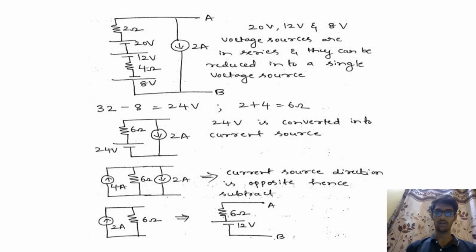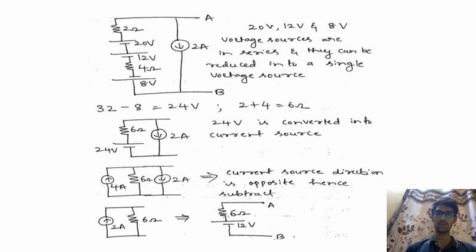As I mentioned, we have converted the 10 ampere and 2 ampere current sources into voltage sources. The 10 ampere current source is converted into a 20 volt voltage source, and the 2 ampere current source is converted into 8 volts. 10 into 2 is 20 volts, 4 into 2 is 8 volts.